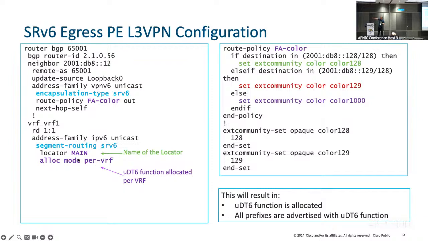But let's focus on the rest. I'm going to allocate a label for the color, for the BGP extension community, for color 1000, right? If you don't understand the BGP extension, it's actually been there for a long time.